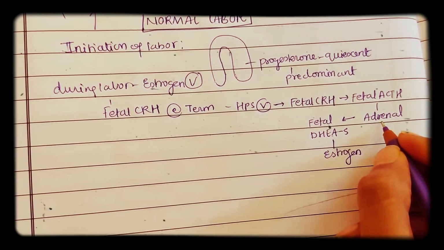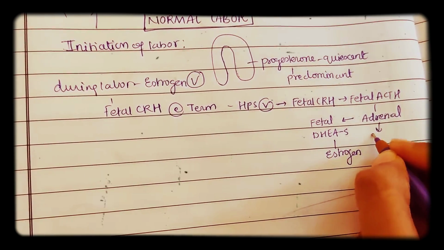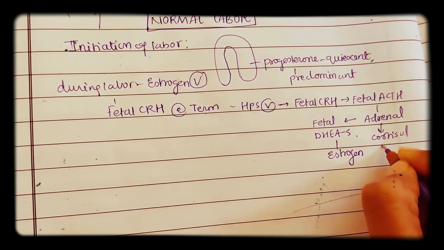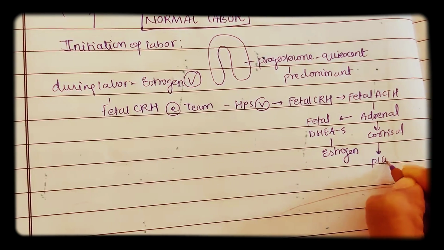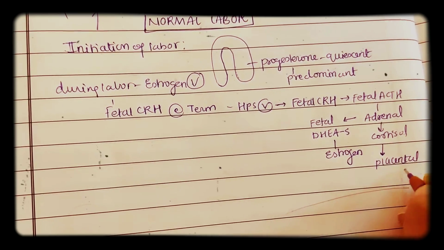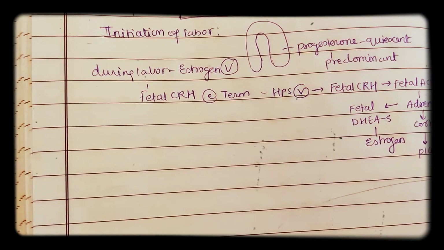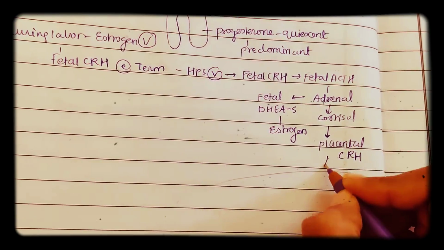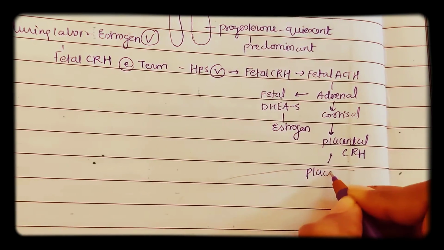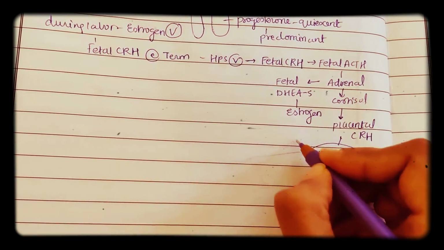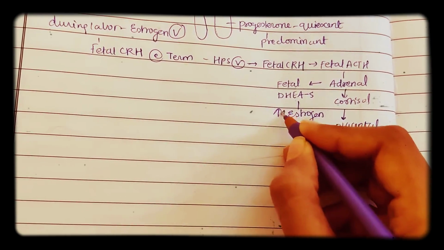Not only this: from the adrenal gland you get DHEAS, and cortisol is also released from the fetal adrenal gland, and this cortisol activates formation of placental CRH. This placental CRH in turn helps in placental production of estrogen. So extra estrogen is coming from the placenta also, which of course increases estrogen further.